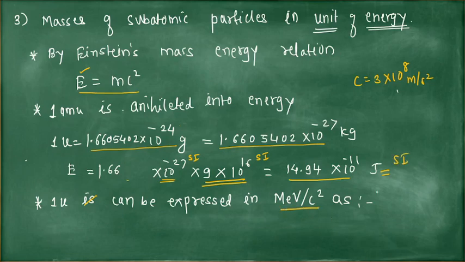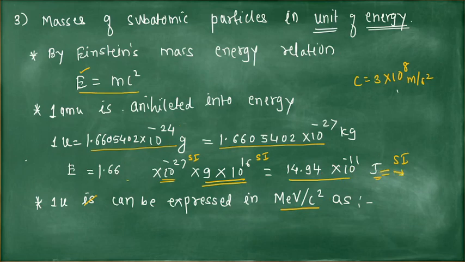Actually this is the SI unit, but here it is minus 11. So you can convert this unit in terms of mega electron volt per c square. How can it be converted? First convert joule into electron volt, then convert into mega electron volt, divide by c square, then it is mega electron volt, c square is the unit.